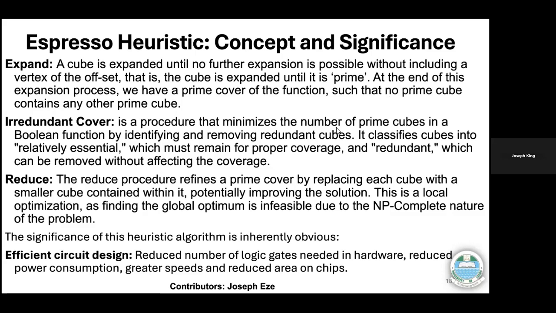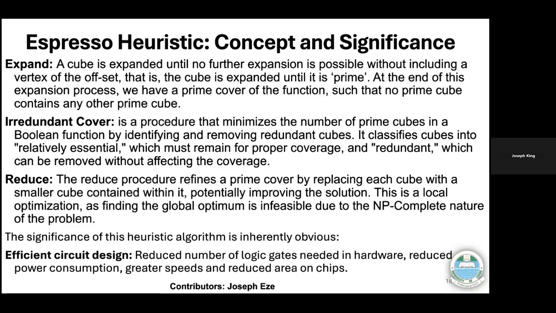Then finally, the last step is to reduce. After the expand and redundant cover procedures have been performed, we have a locally optimal solution, which may not be the global optimal solution, because we have to recall that this is an NP-complete problem, where the number of solutions is so large that it is practically impossible to verify by enumeration that we have the optimal solution.